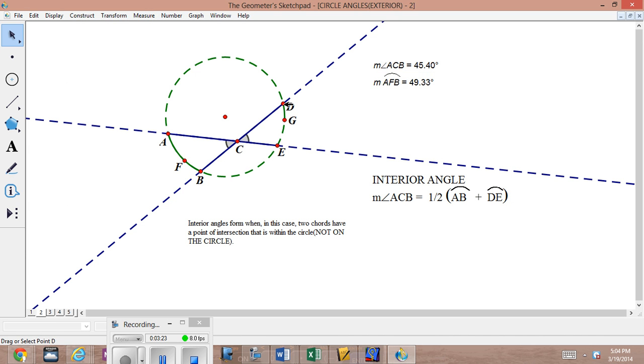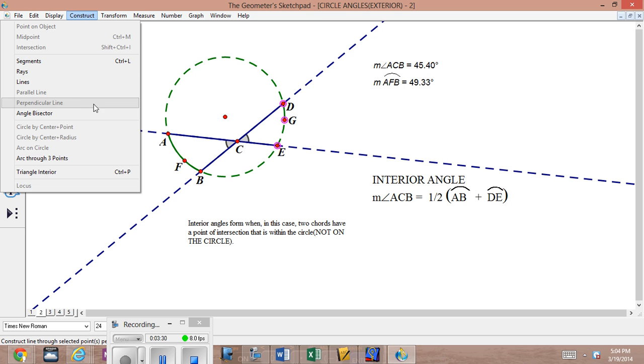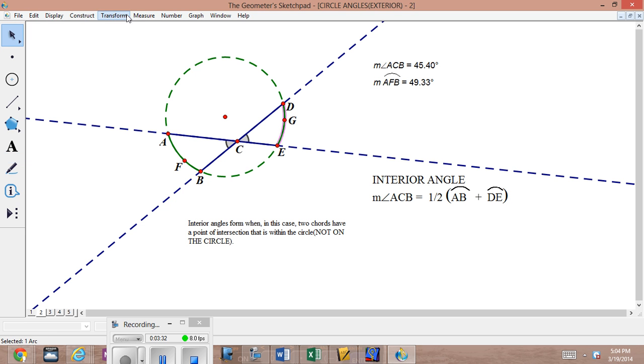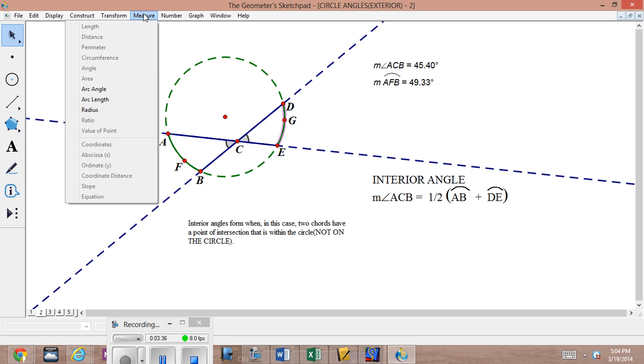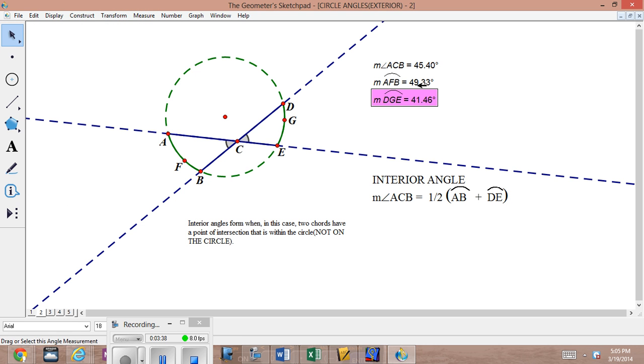Then we measure the other arc that it opens out to: construct that arc and measure it. The formula says the measure of the angle ACB is 1/2 the measure of those two arcs, the arc AB, which is measured up here, and the arc DG, which is measured right here.